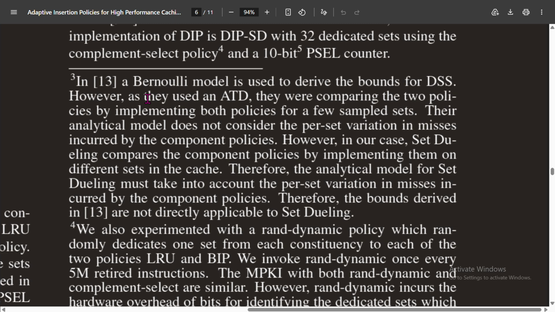However, in our case, set dueling compares the component policies by implementing them on different sets in the cache. Therefore, the analytical model for set dueling must take into account the per set variation in misses incurred by the component policies. Therefore, the bounds derived in that paper are not directly applicable to set dueling.